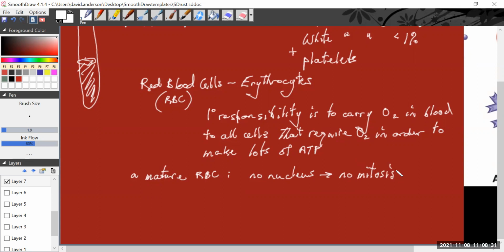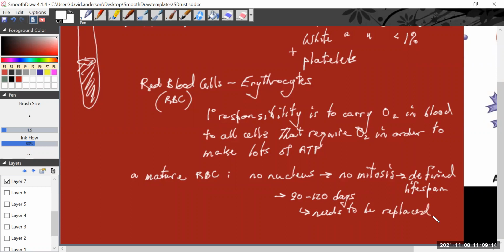And if it cannot undergo mitosis, it has a defined lifespan. In other words, eventually it's going to die. That defined lifespan is anywhere from about 90 to 120 days, 3 to 4 months, and therefore it needs to be replaced.